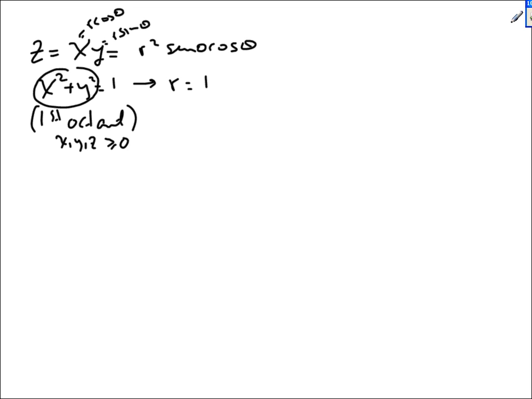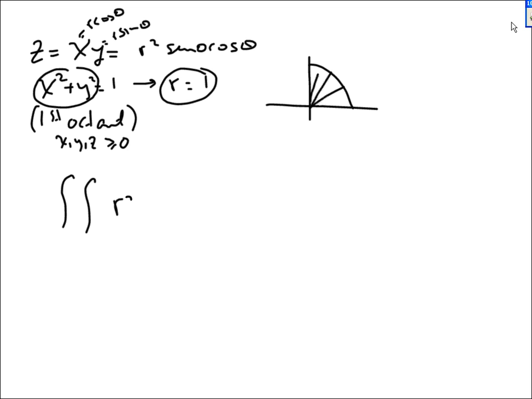Now, if you were to graph this, we're in the first octant. r always goes from 0 to 1. So we have the double integral of the function, which is z, times r dr d theta.